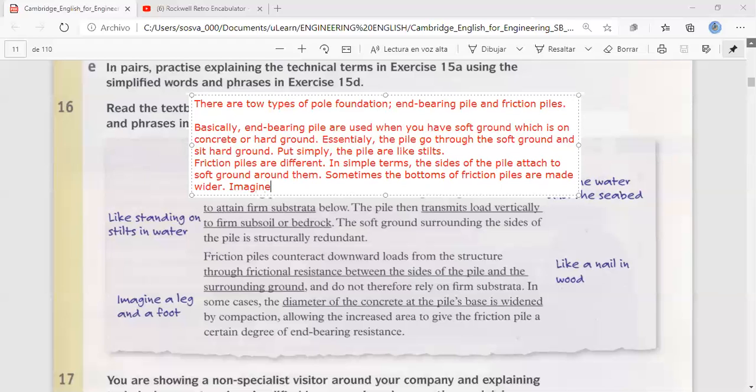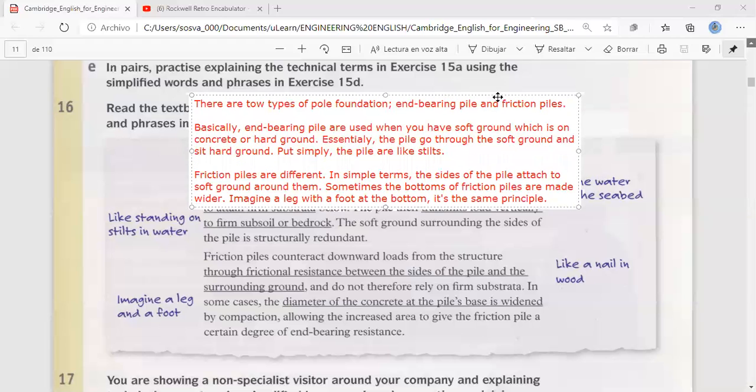So imagine a leg with a foot at the bottom. It's the same principle, the same idea. And that's how you rephrase all these texts.